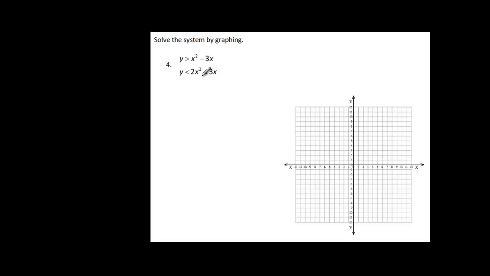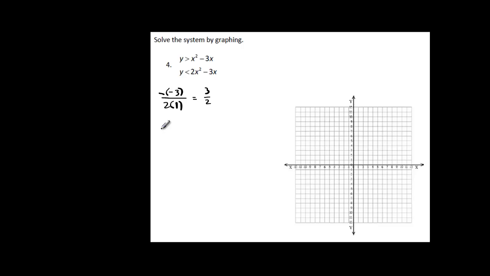So we have another solve by graphing. We're going to want to get the vertex for both of these. So the top one, the opposite of b over 2a, is going to be 3 over 2.